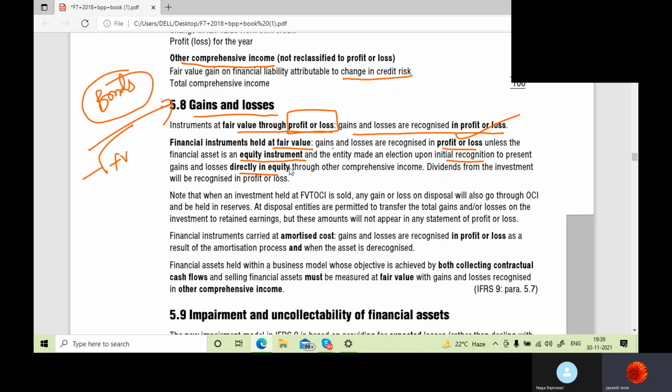If they have already chosen that they will always show the gains and losses in OCI, then they will do that in OCI only. Understood? It is up to the company what they choose to do. They can show in P&L if they choose.